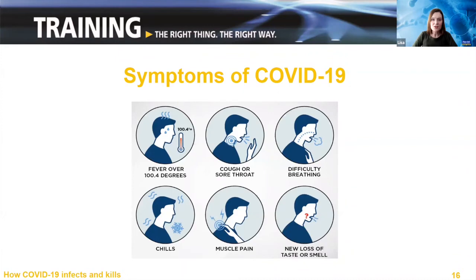Other symptoms such as aches and pains, nasal congestion, headache, sore throat, diarrhea, loss of taste or smell, or a skin rash, or discoloration of fingers or toes are less common. These symptoms are usually mild and begin gradually, but can worsen, requiring hospitalization.